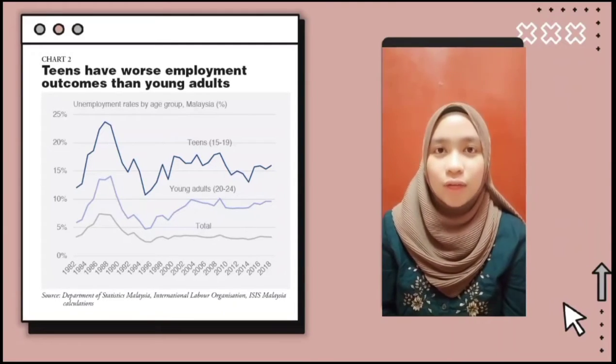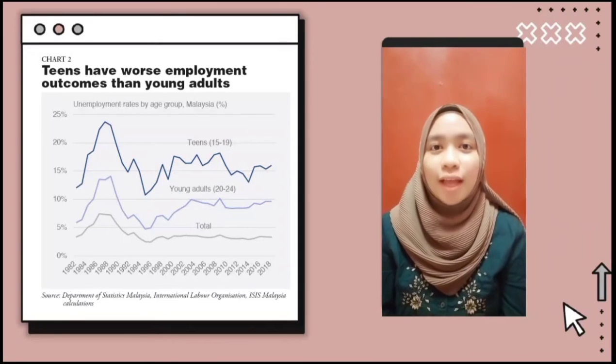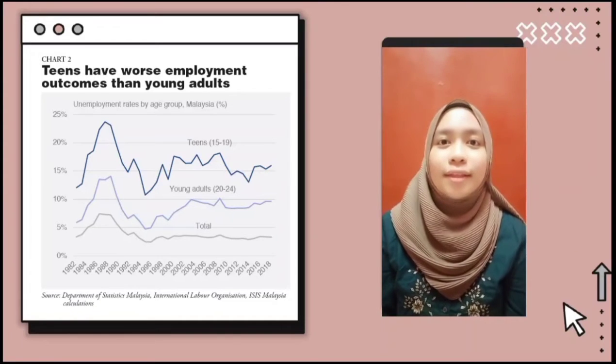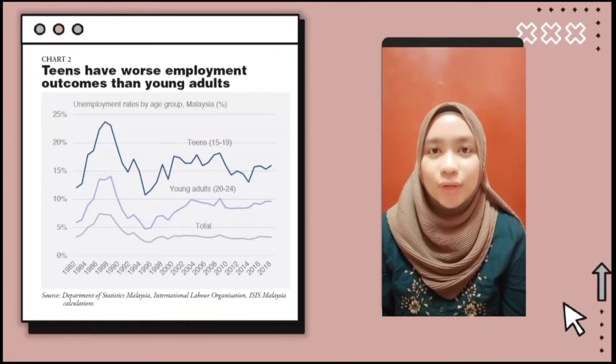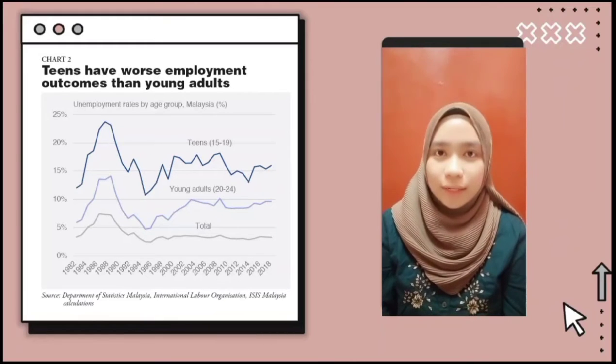Based on the graph, teenagers aged 15 until 19 have a higher unemployment rate than young adults aged 20 until 24. In 1982, the teen unemployment rate slightly increased, same as the young adult unemployment rate.